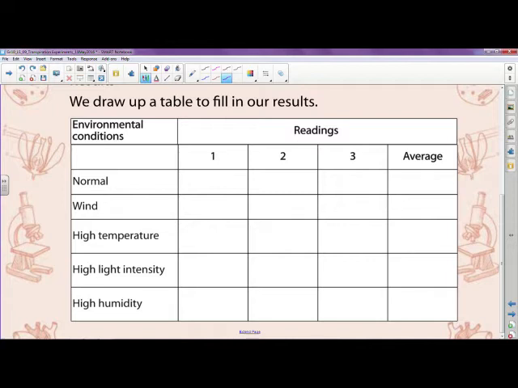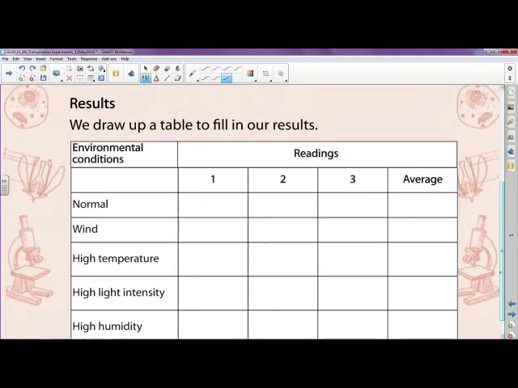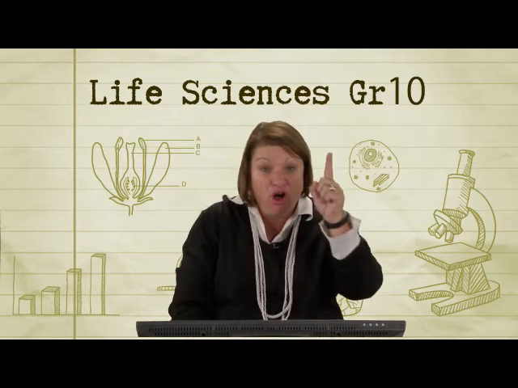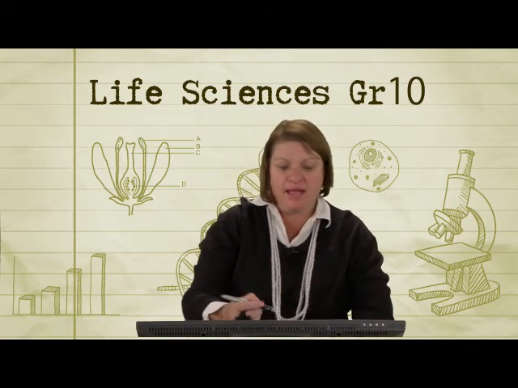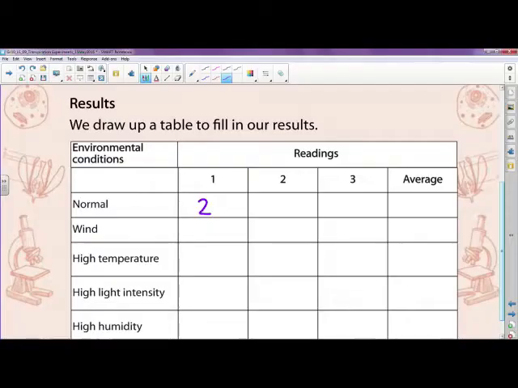So we're going to take that air bubble and start the stopwatch, take 1 minute, and see how far that air bubble travels in 1 minute. So maybe I get 2 centimeters, maybe the next one I get 3 centimeters or 2 centimeters.